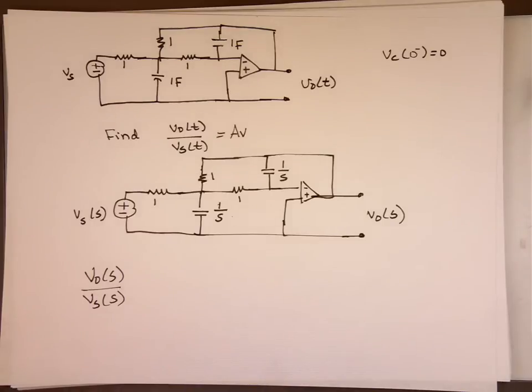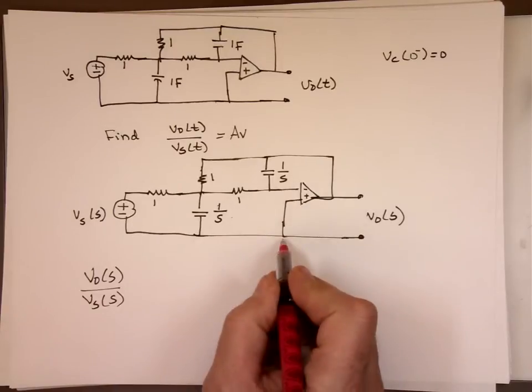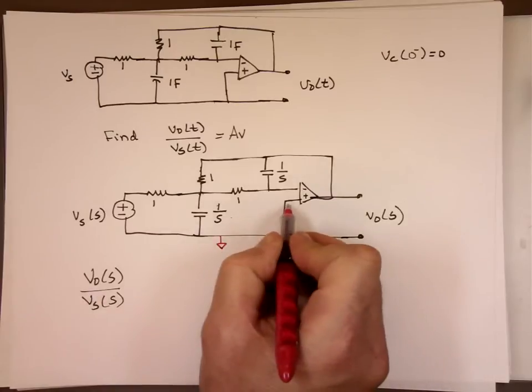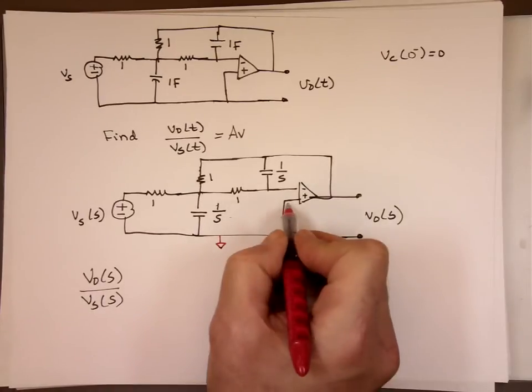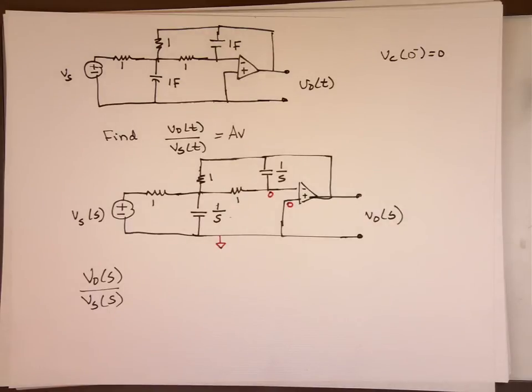Going back to the op amp, there are a couple of things that we know. We know the voltage V plus equals V minus. So what is V plus here? If this is my ground, what's the voltage here? 0. So what's the voltage here? 0. The other assumption we made is what?